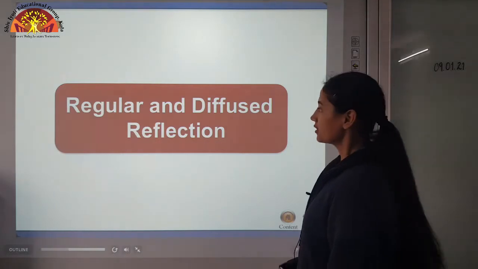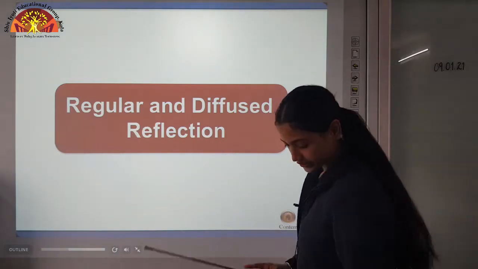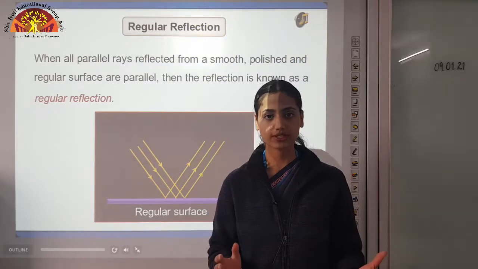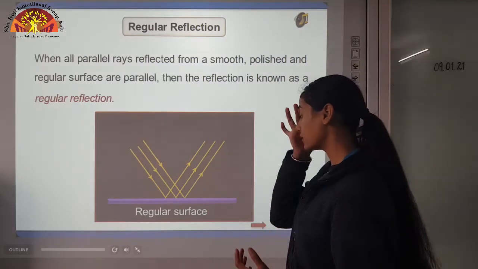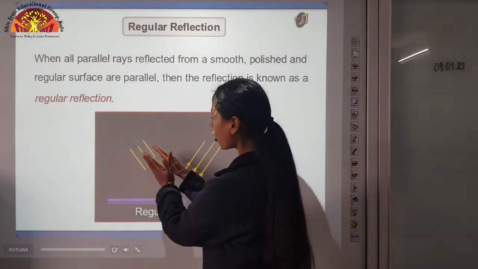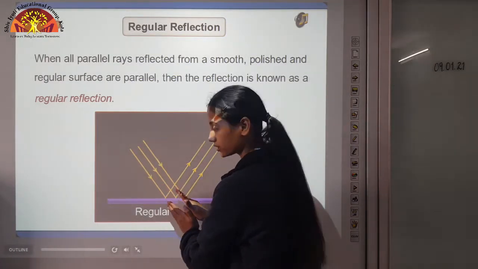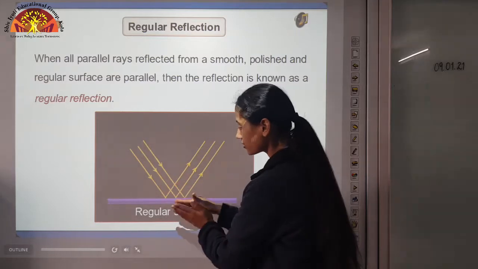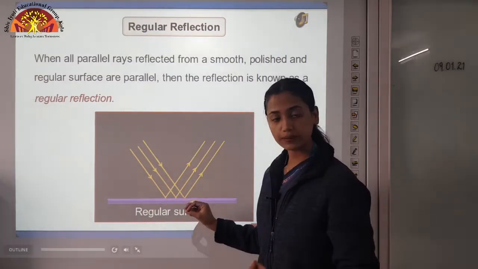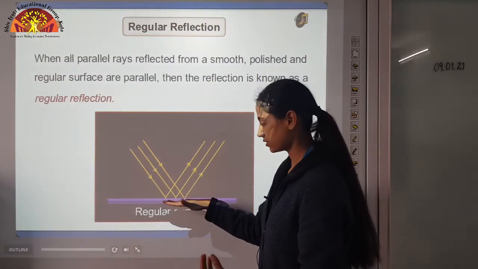The next topic, regular and diffuse reflection. Now you know that there are two types of surfaces, rough and smooth. So let's say this is a smooth surface. Initially all light rays are parallel to each other. Now these light rays are falling on this smooth surface, so reflection will be done here by this surface.